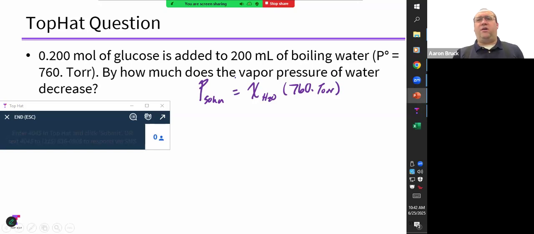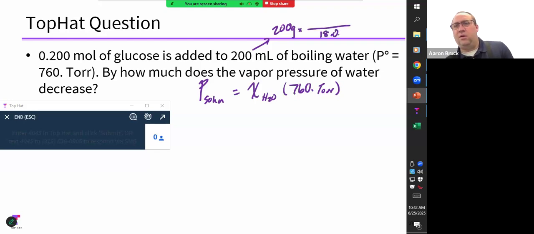How many moles of water are there in 200 milliliters? Well, here's where we're going to have to make an assumption. The assumption is that 200 milliliters is 200 grams. Density of water is 1 gram per milliliter. And if we convert the grams here into moles, 200 divided by 18.02, we will get 11.1 moles.